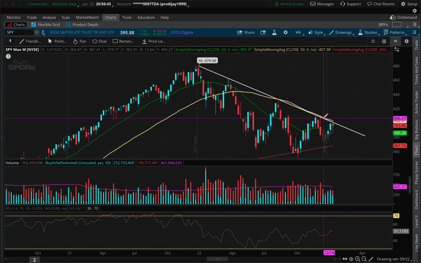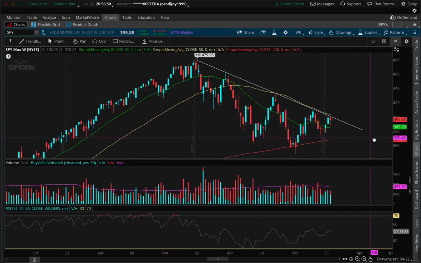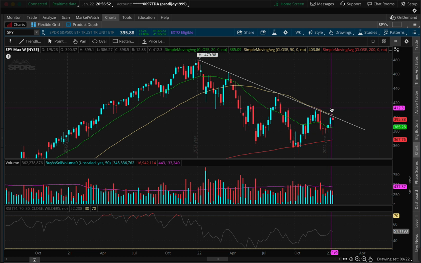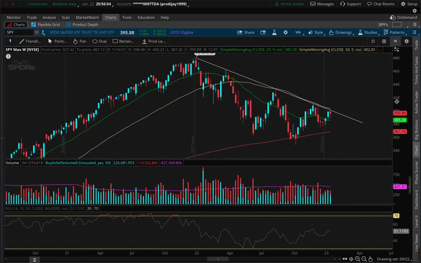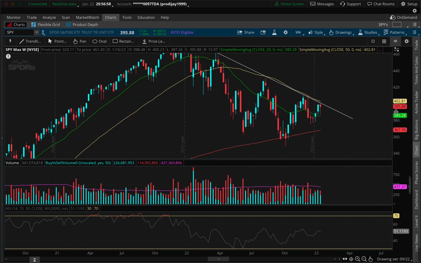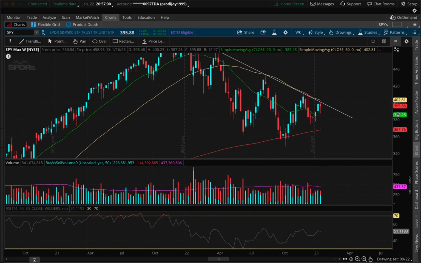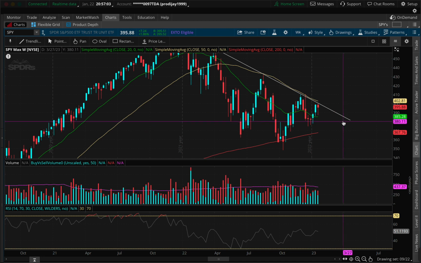We eventually did try to break out of it, but that was due to news, and then we just rejected it and came right back down. So on the weekly time frame, we have that macro weekly downtrend that we are currently around, and that's just something we're going to keep on watch.